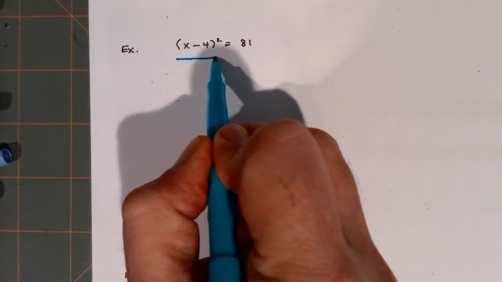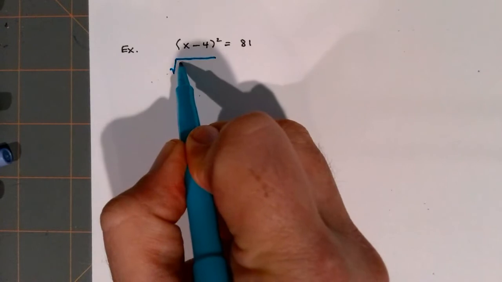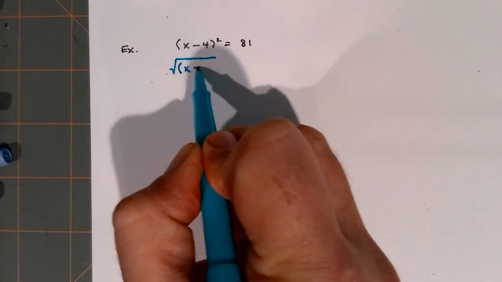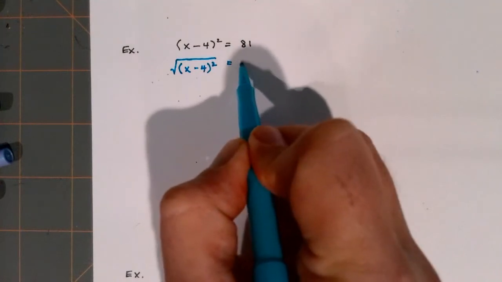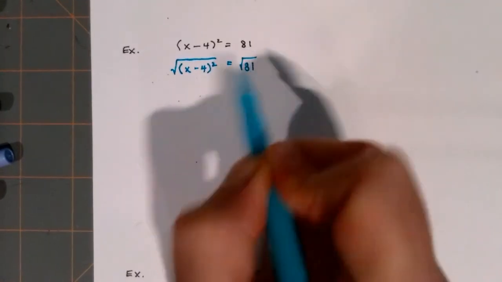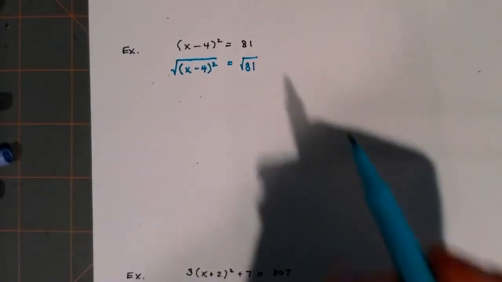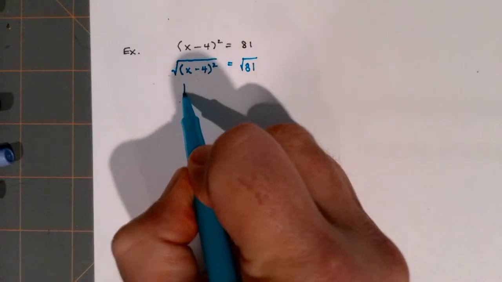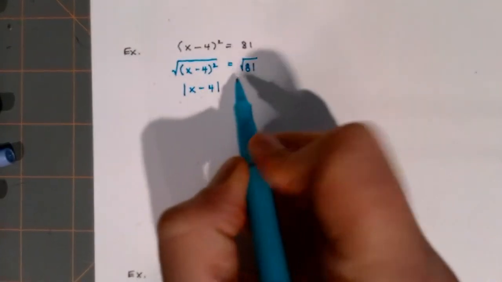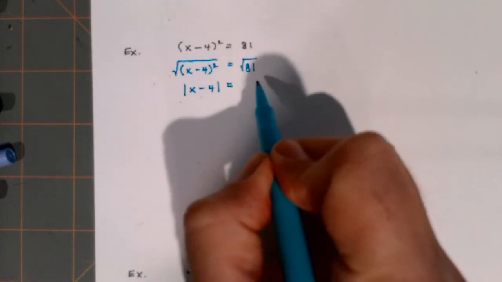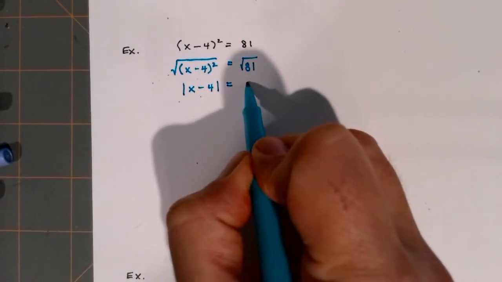So the first thing I would do here is de-root. So I have root x minus 4 squared is equal to root 81. Now this is where you're going to have to actually do the bifurcate. So that means that the absolute value of x minus 4 is equal to 9.